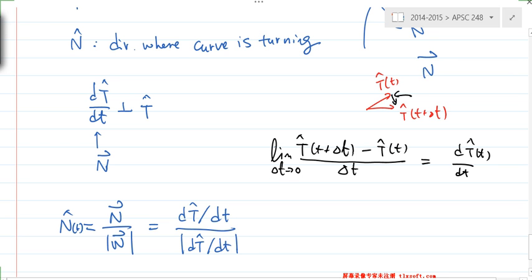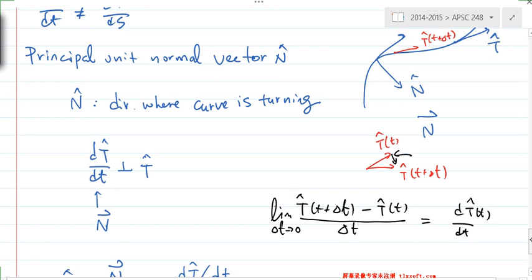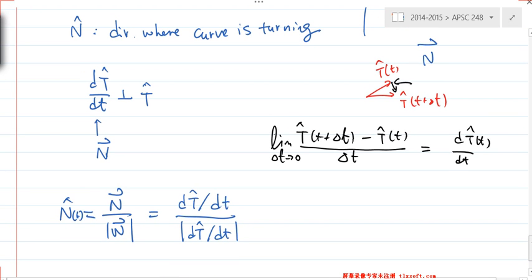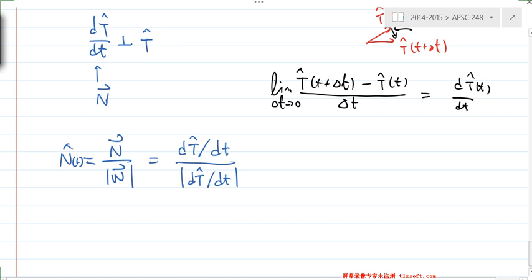That's n hat. So when we describe the motion of a particle along a certain trajectory, often we need these two vectors. Sometimes we need to decompose a certain vector into these two directions to describe it.